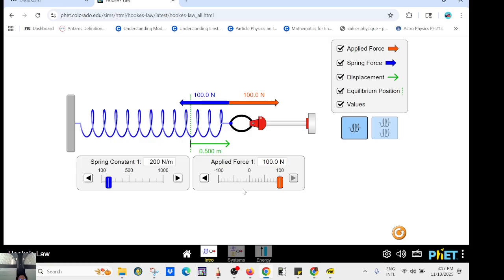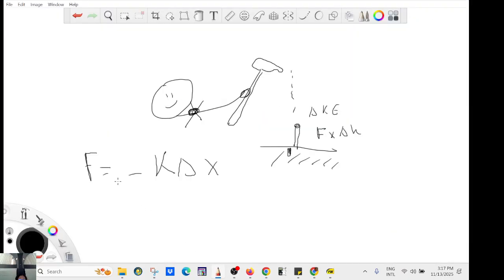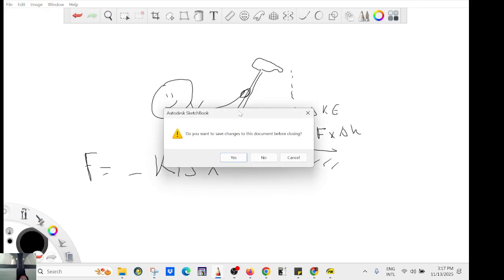So I'm not going to do the math, but I'm going to tell you that the work done by you on the spring will be equal to 0.5 times K times the change in length. So if you are stretching it, that will be your delta X, or you can compress it as well.